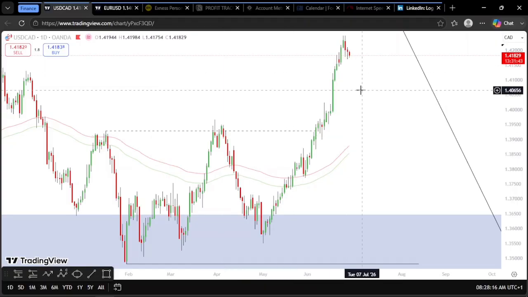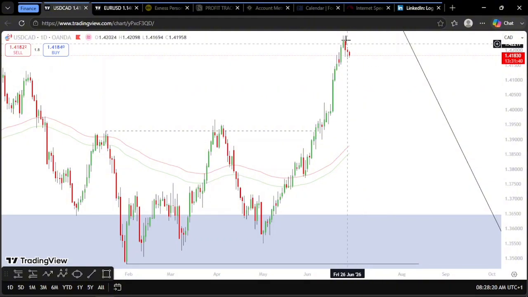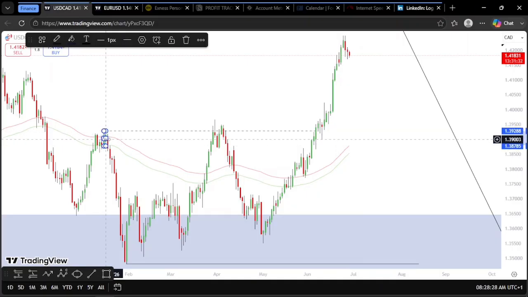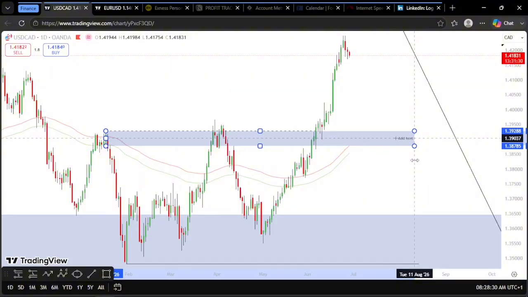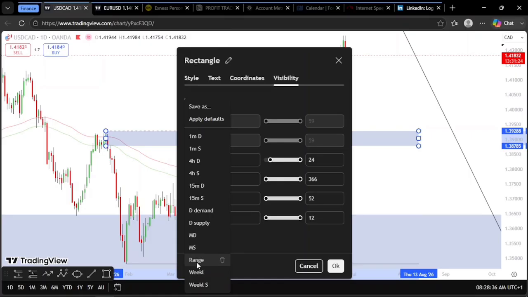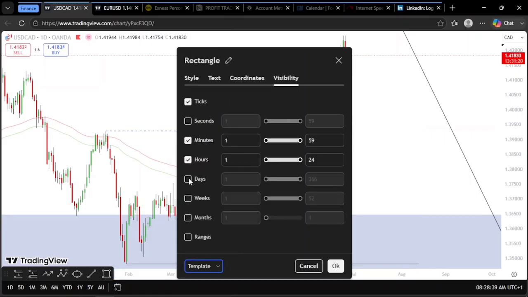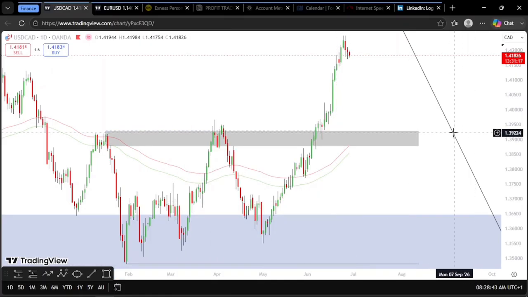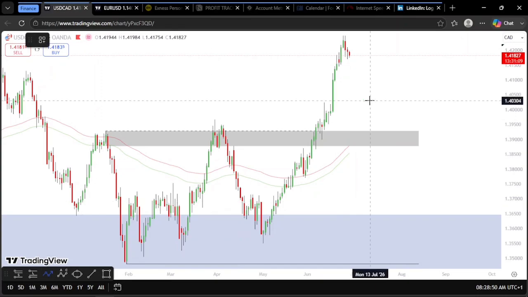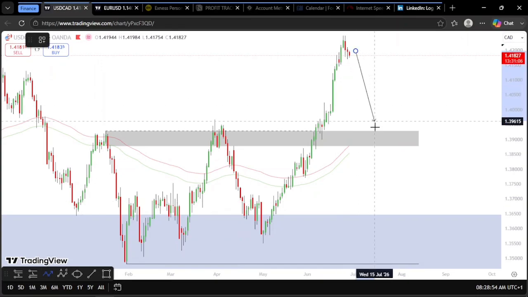So what we're going to be looking at right now is a counter trend opportunity to take our trade to this point of interest. So we are going to be looking for a counter trend opportunity to take this trade to this low here.